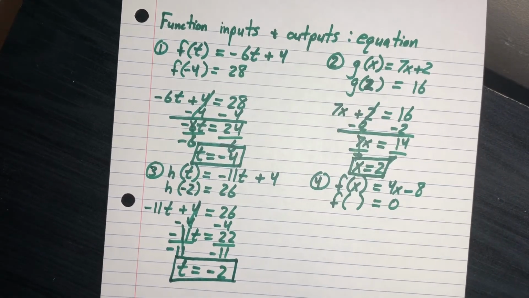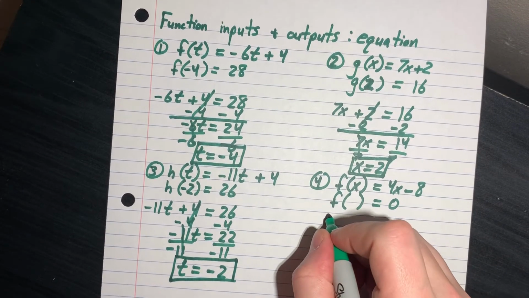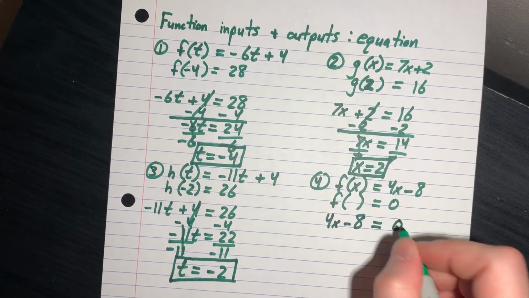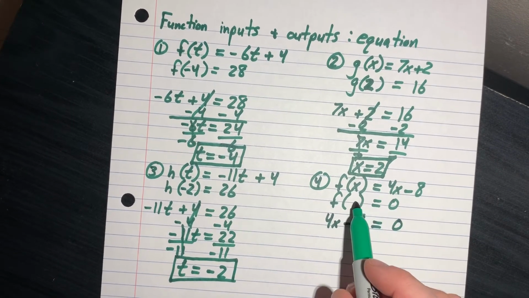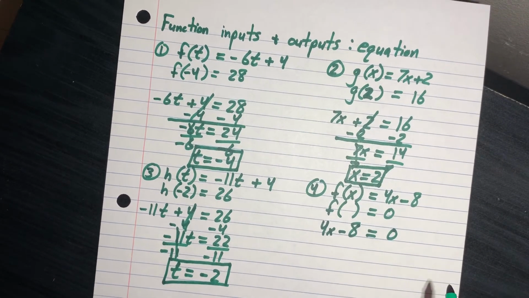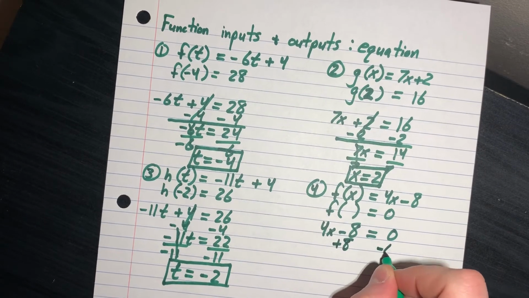Let's go on to number 4. Okay, it's given us f of x equals 4x minus 8. And we're going to set this one equal to 0 because we want to know what its input value is going to be when its output value is 0. So let's start by adding 8 to both sides.